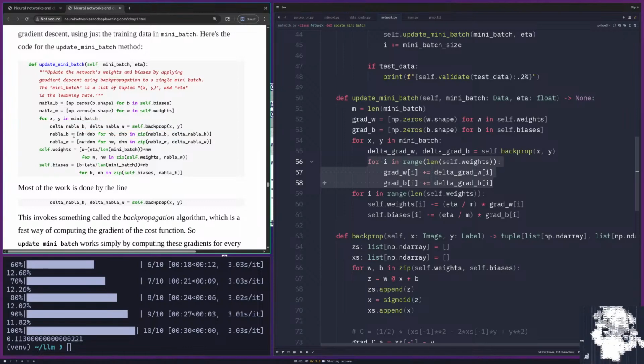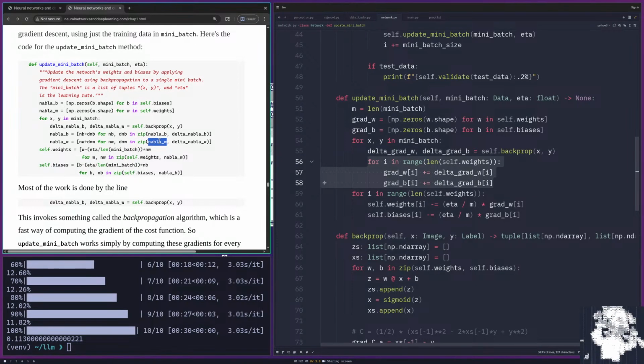So they're doing nabla B, which starts as zeros, is equal to, then we're iterating over the things in nabla B, so that's the same as iterating over the length of the weights, because there's that many. There's the same number of weights and biases, and then they're saying for each of those, these are vectors, and these are matrices.